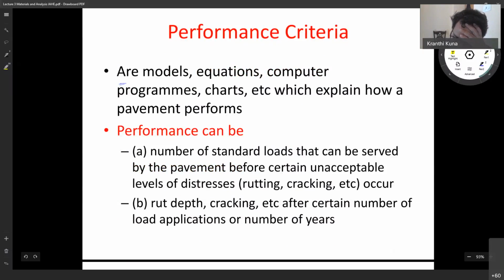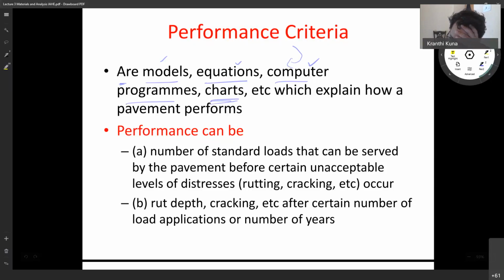So performance criteria are nothing but models, equations, computer programs or charts, etc. These can all be represented in different ways in different guidelines and different countries. Some countries adopt them in terms of models, some in terms of equations. Some have them built into a computer program. Some represent them in terms of charts.